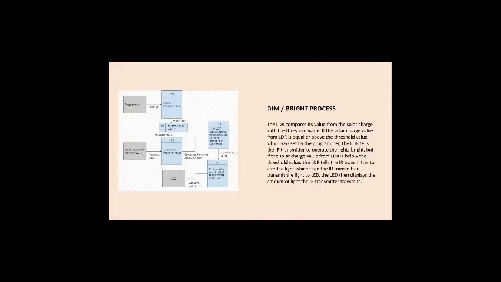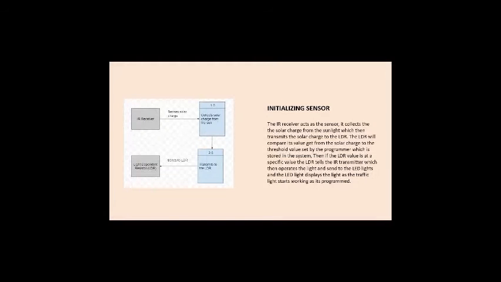But if the solar charge value from the LDR is below the threshold value, the LDR tells the transmitter to dim the light, which the IR transmitter then transmits to the LED. The LED then displays the amount of light the IR transmitter transmits. The light usually dims during the night because the sunlight is low, and then the LDR value will also be low.